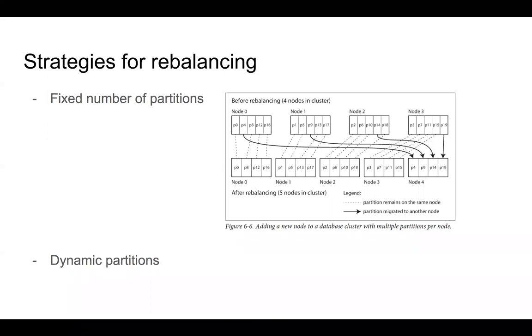Is there any question about this dynamic partition? Once we split the partition, how do we give it to the nodes? Then we need an extra node to store that additional partition.